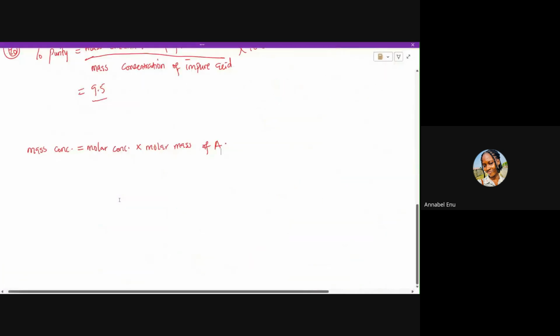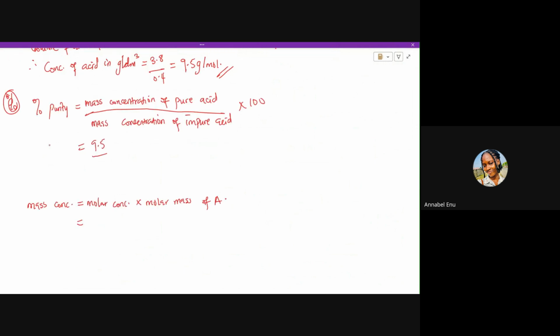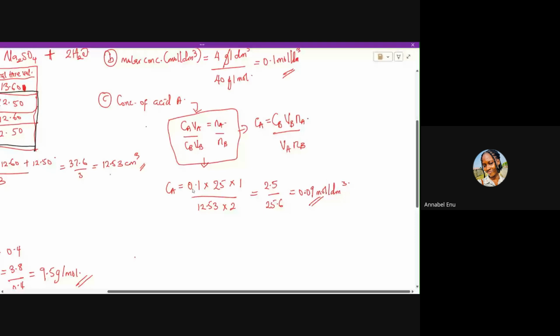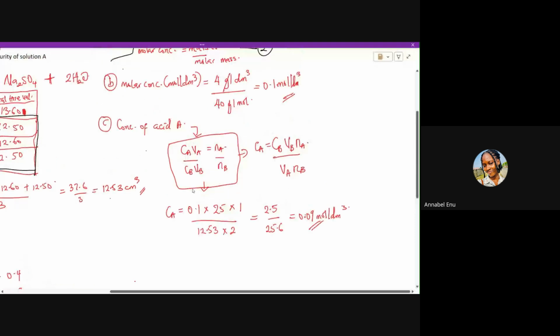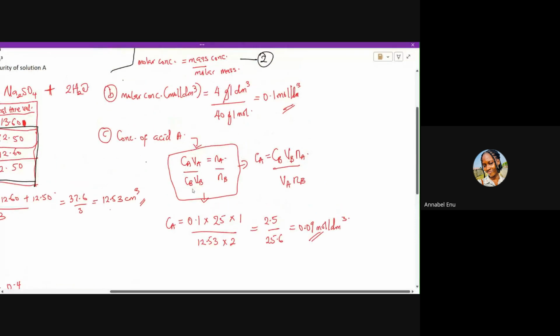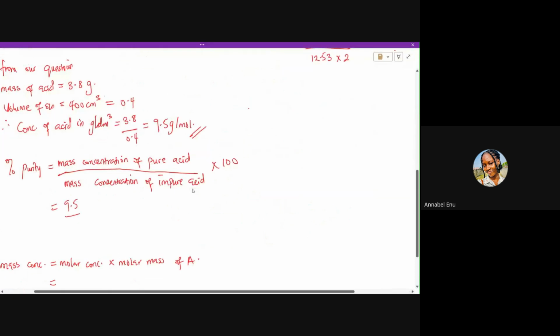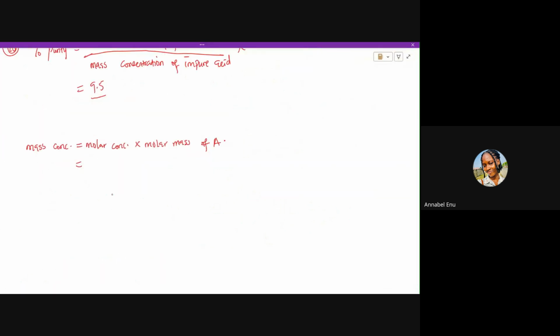Now what's the molar concentration of acid? We have calculated it before. Now the molar concentration of acid, is this Ca? So it's going to be 0.09, right? Molar concentration in mole per dm cube, 0.09 times molar mass of acid.